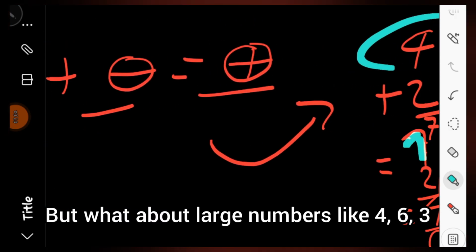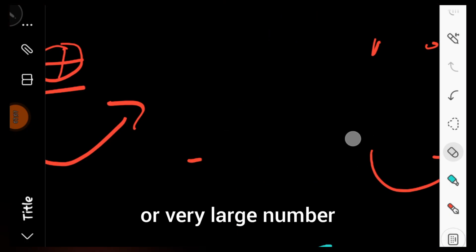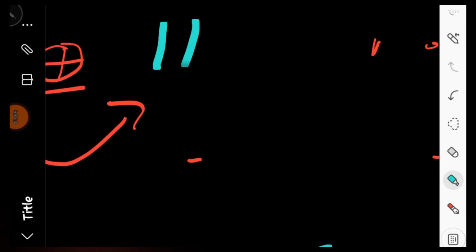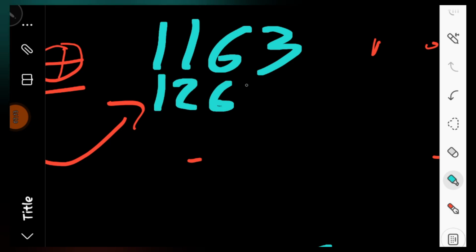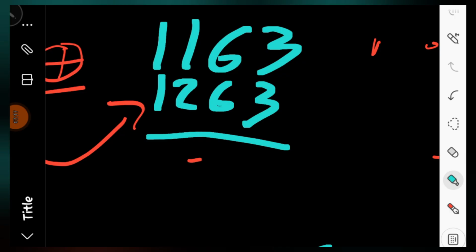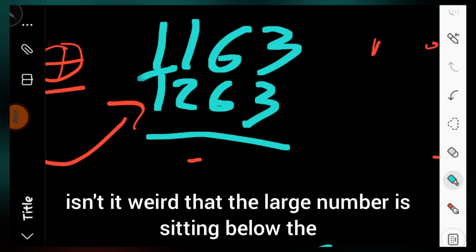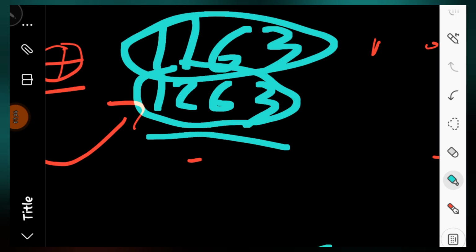But what about large numbers like 463, 246, or very large numbers? Let's say 1163. Now we have to add 1263. Most of you are saying, wait, isn't it weird that the larger number is sitting below the lower number?